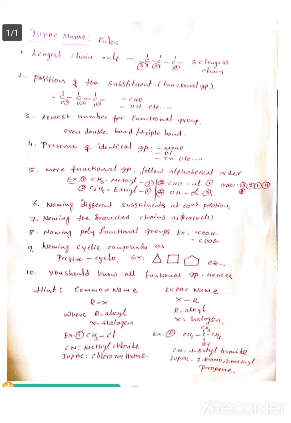The first one is a methyl group, whose alphabet is M. Next is ethyl, whose alphabet is E. When we compare these two, ethyl comes first. So if an organic compound contains ethyl and methyl groups, you name ethyl first, followed by methyl.